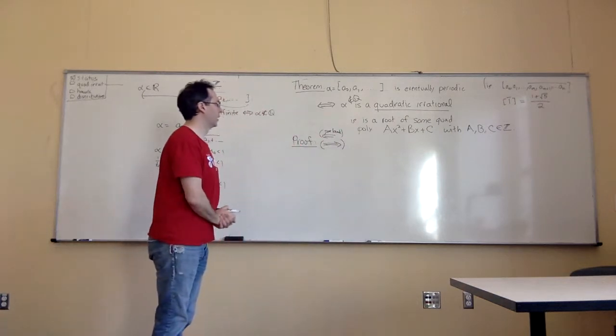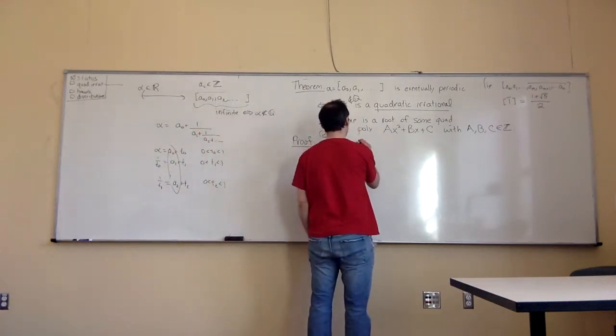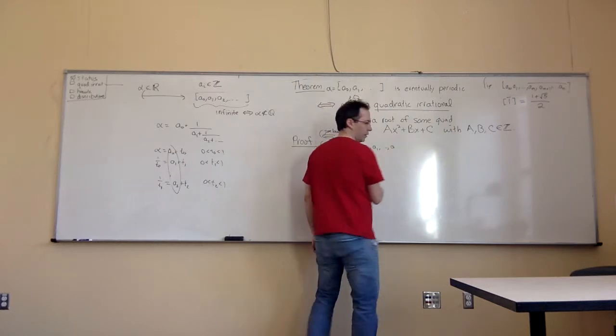Okay, so our continued fraction looks like a0, a1, and so on.